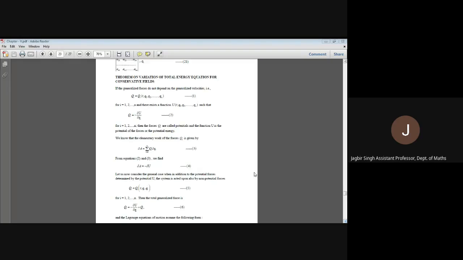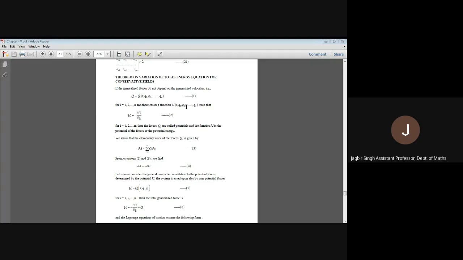If there exists some function U, which is a function of t, q1, q2, qn, with the property that the negative of the partial derivative of U with respect to qi equals the ith generalized force. Okay, U is just some function having the property that its partial derivative with respect to the ith coordinate equals the negative of the ith generalized force.